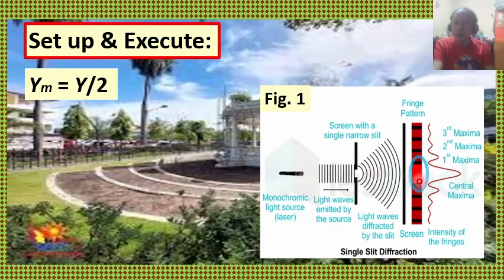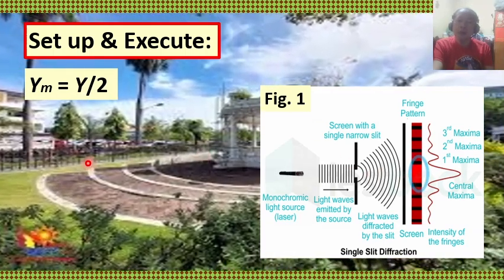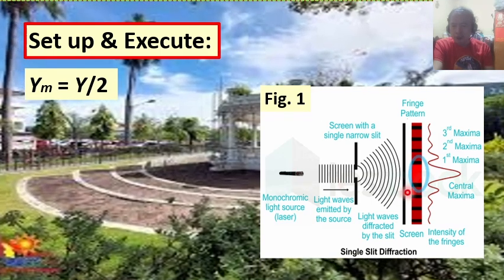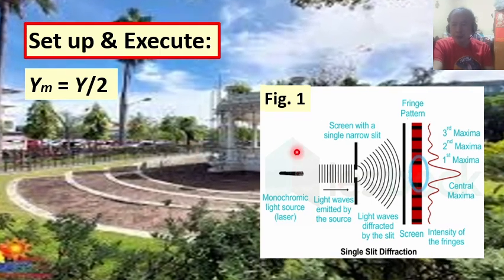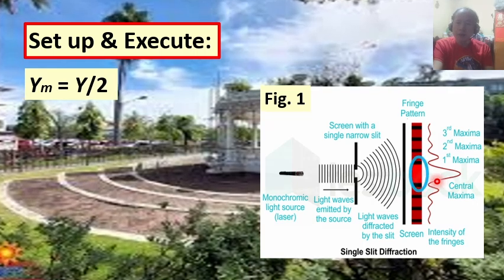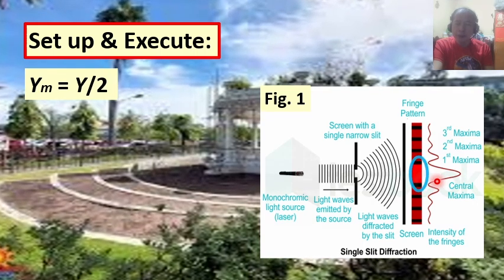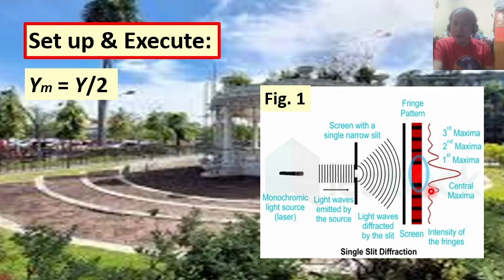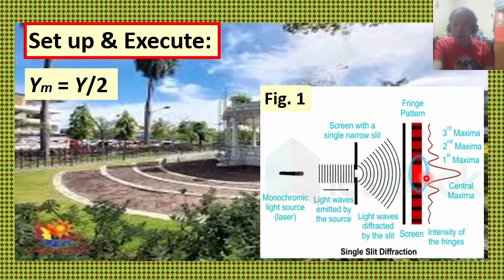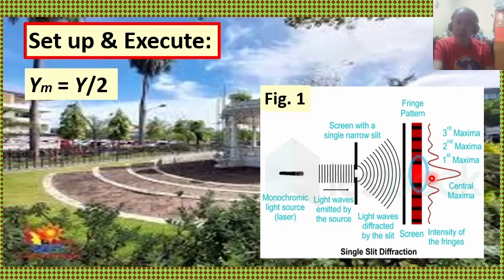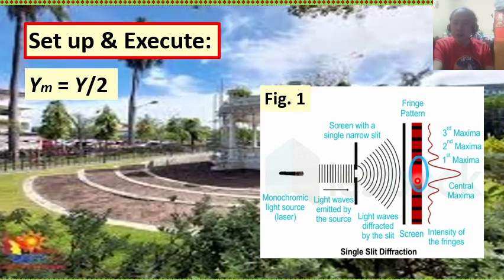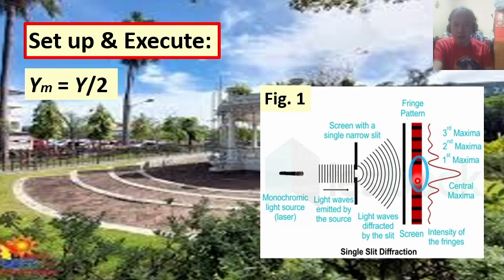So if we divide that by 2, then we are talking about capital Y sub M, which is the distance between the first order dark fringe on either side of the central bright fringe to the center of the central bright fringe.